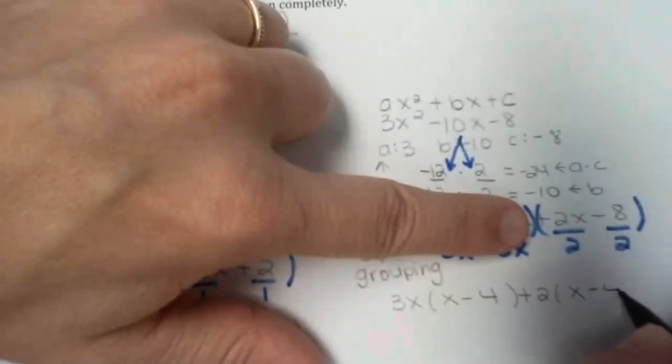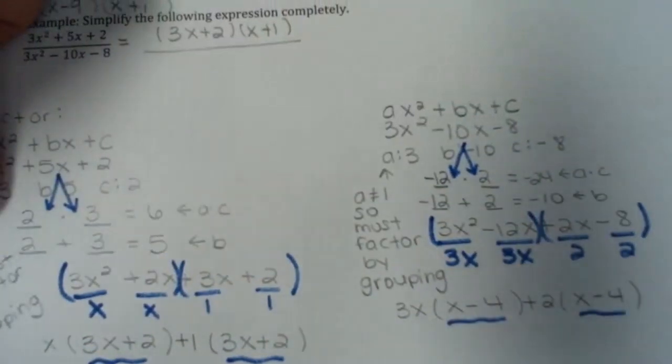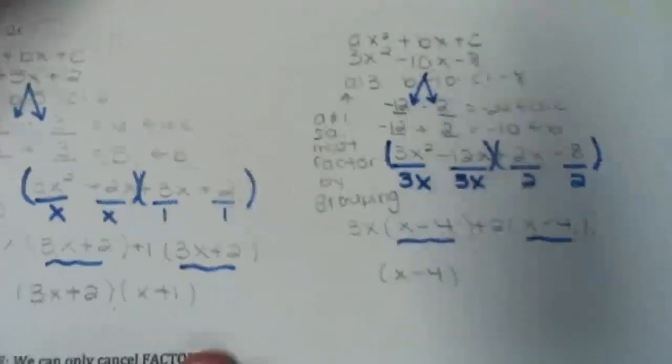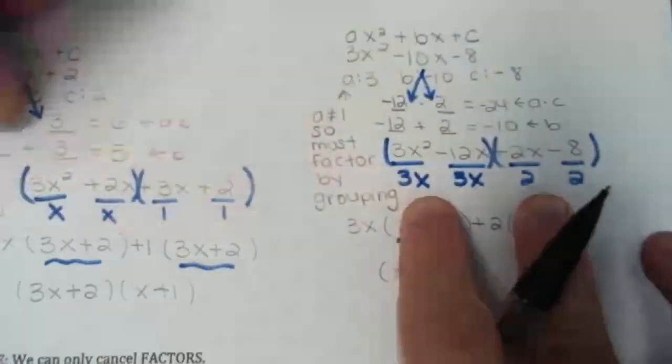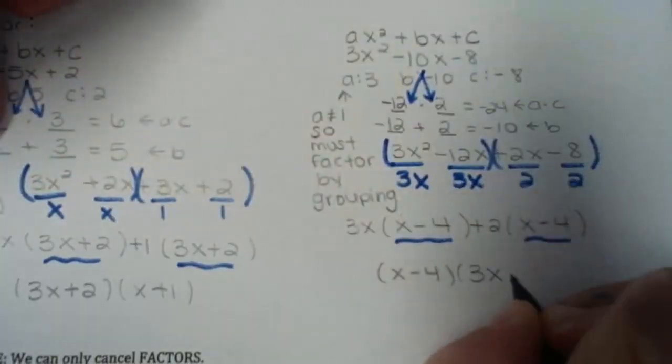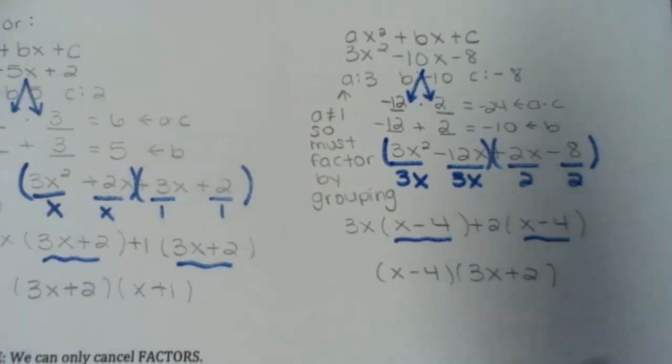So bringing out that positive 2 as our GCF, we're left over with x minus 4. We know we did it right because they both have x minus 4 in common, so that will be one factor. Our other factor, whenever we take those out, is going to be 3x plus 2. So we factored this one completely.